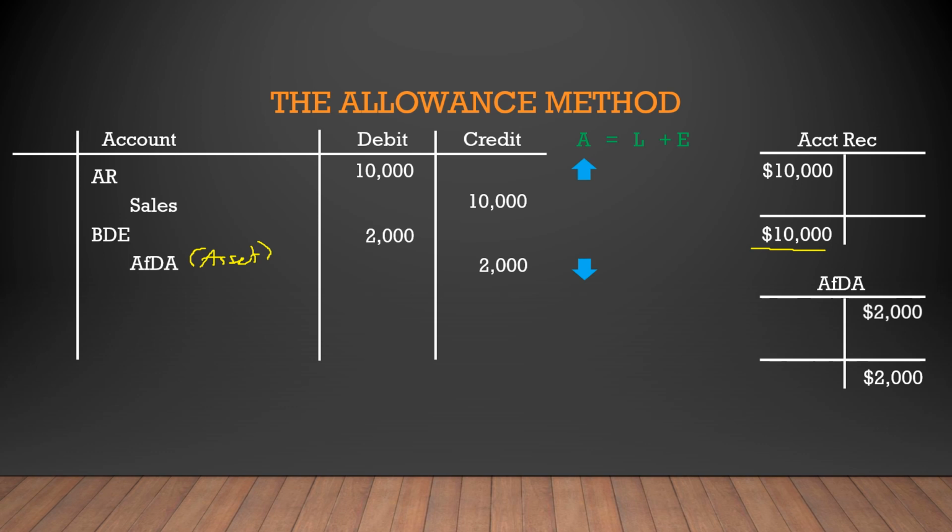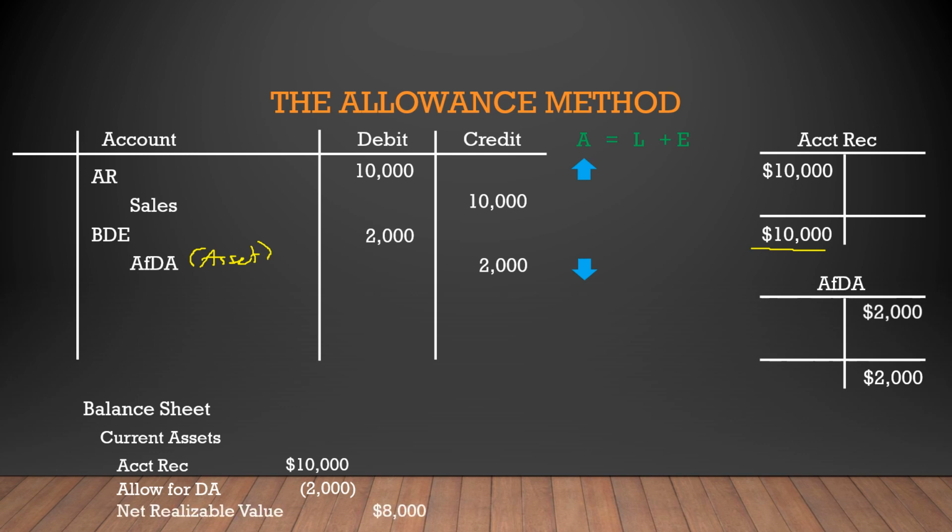Were we to build a balance sheet at this point in time, the $10,000 debit balance in AR would be reduced by the $2,000 credit balance in AFDA. The net of these two amounts is referred to as the net realizable value, or NRV for short.